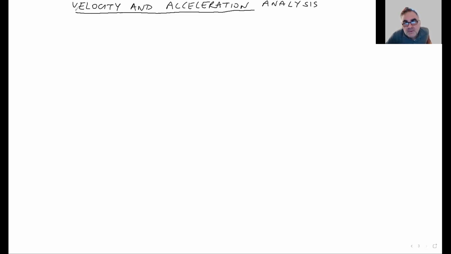Surprisingly, the velocity and acceleration analysis for mechanisms is, in a way, a little bit easier because it is possible to solve for these equations analytically, because the equations we are going to obtain out of velocity and acceleration analysis, as you will see, will be linear.